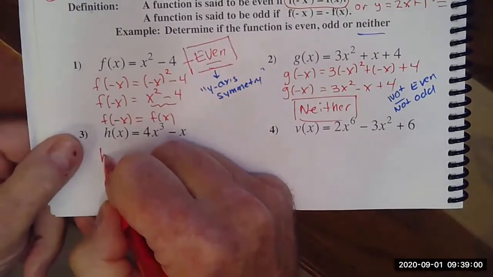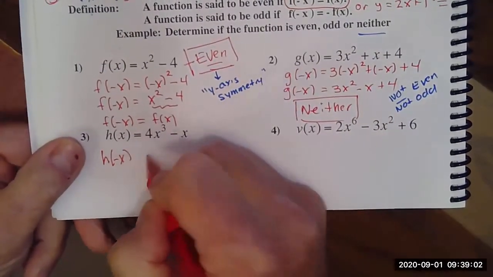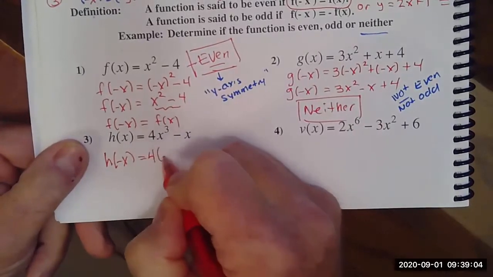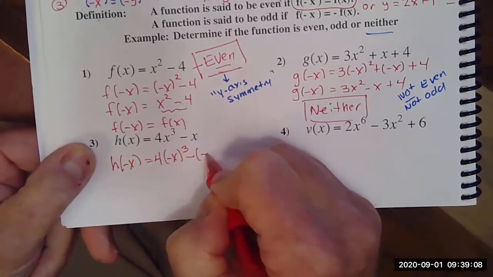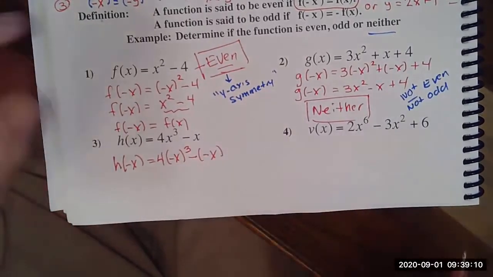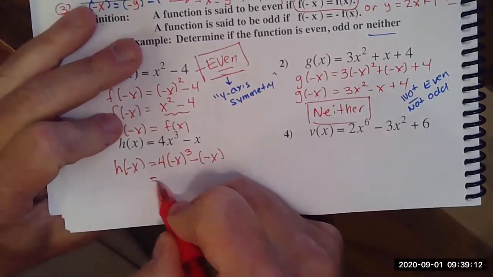Okay, this one here we go. H of negative x. Simplify.